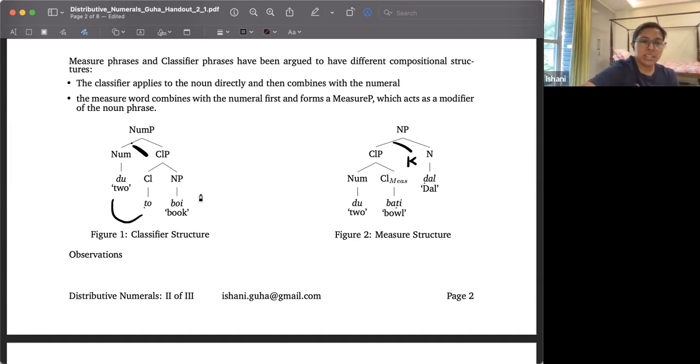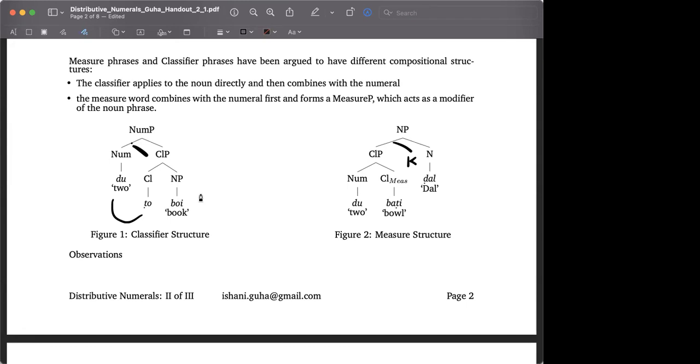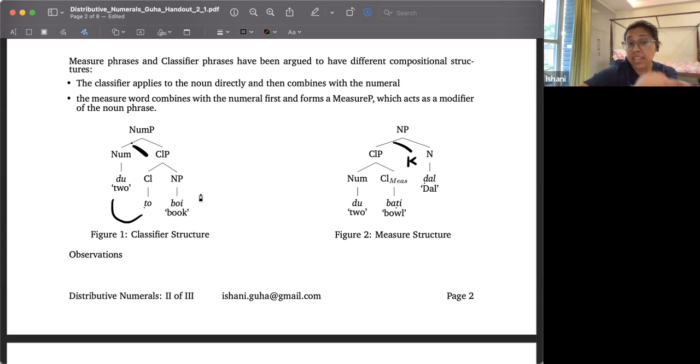There's another way of looking at it, which is that the classifier phrase takes a Num as its complement and projects a further classifier phrase, right? So in that case, the Num becomes the complement of it. So it depends on what kind of meaning you want to give to your number. If we have a very plain meaning of a number and not a very pronounced meaning which takes the classifier as its complement, it depends.